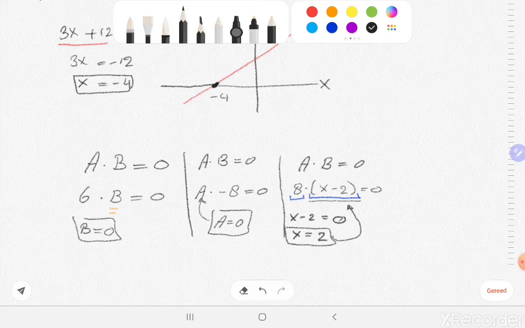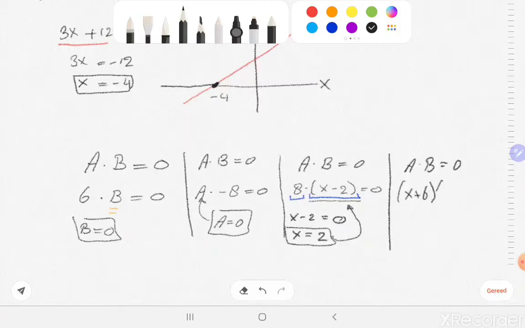But what if we have a times b is equal to 0, with for a x plus 6, and for b x minus 2 again? Then we need to create 0 on this side, or we need to create 0 on the other side. That's very important.